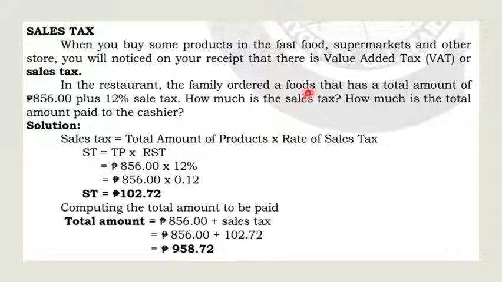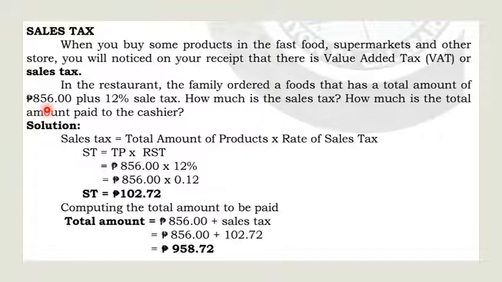So, ngayon, ang tinatanong is, magkano yung tax na yun? Magkano yung 12% pa na yun na idadagdag dun sa bayad na 856 pesos? So, ito yung in-order na food. Then, how much is the total amount paid to the cashier? So, magkano yung lahat-lahat yung binayaran ng family?